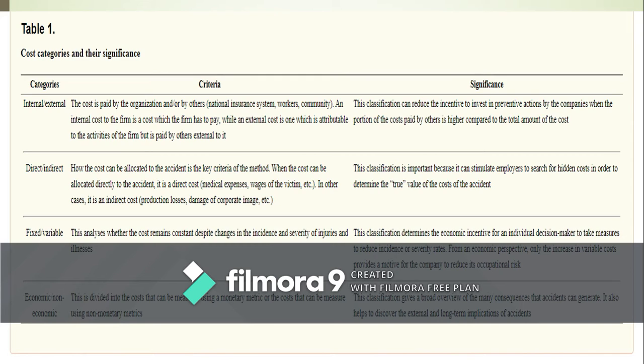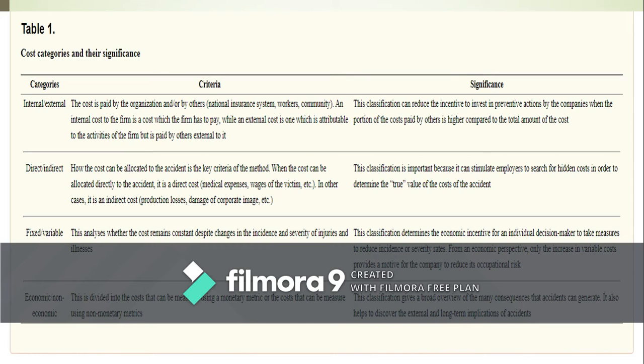Fixed or variable cost. This analyzes whether the cost remains constant despite changes in the incidence and severity of injuries or illnesses. Fixed and variable costs will determine the economic incentive for an individual decision maker to take measures to reduce incidence or severity.